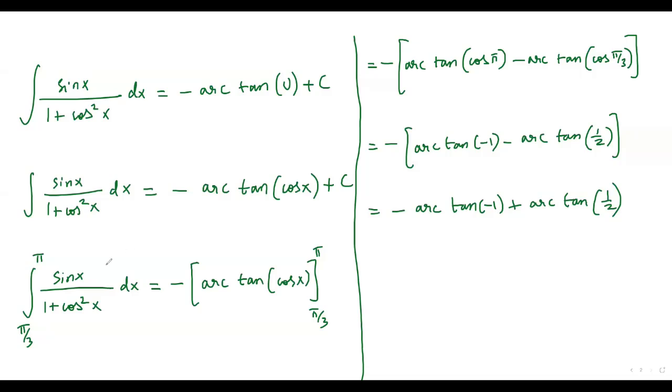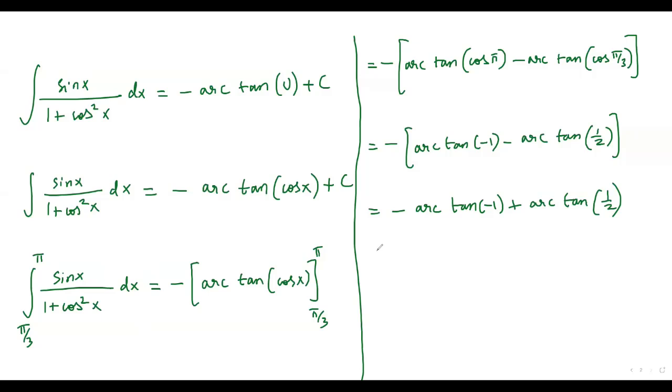But when we evaluate a definite integral, its result must be a real number. So to get the value of this expression as a real number, we have to make sure that our calculator is in radians mode, so that it will give the value of the expression containing the inverse trigonometric function as a real number.